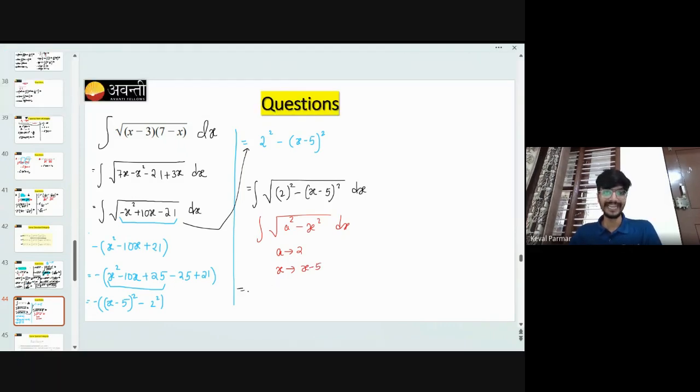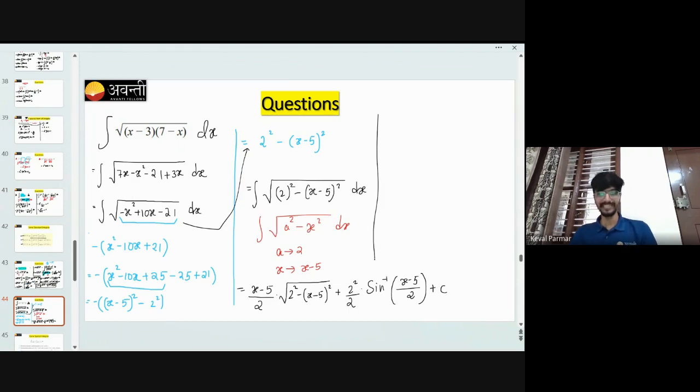It was x by 2 into under root of a square minus x square, means the same, 2 square minus x minus 5, the whole square, plus a square by 2 into sine inverse of x by a plus c. So if I try to simplify this, this will be x minus 5 by 2.